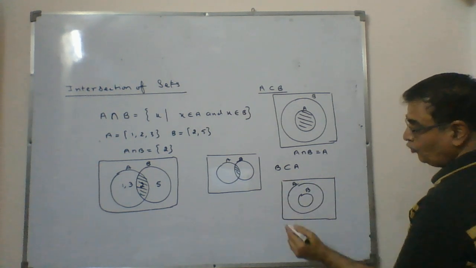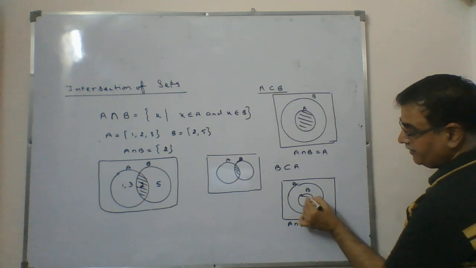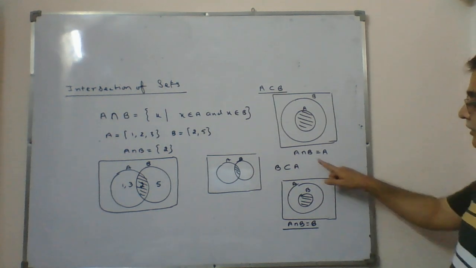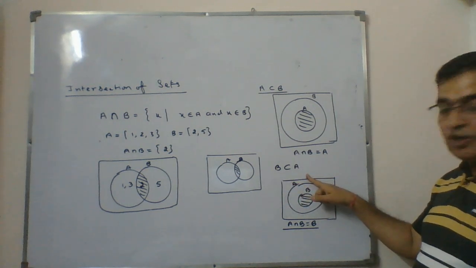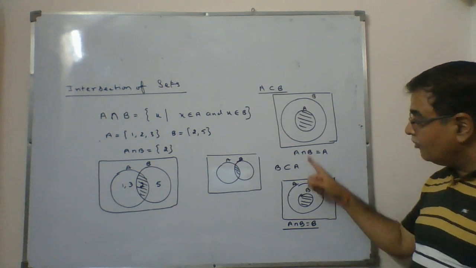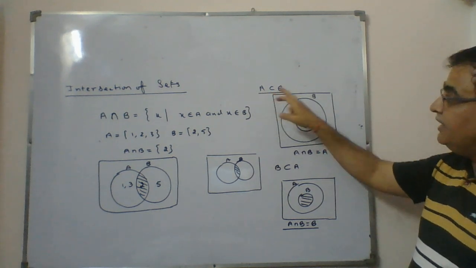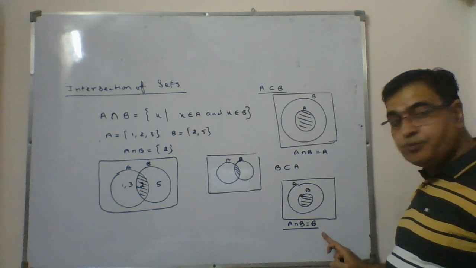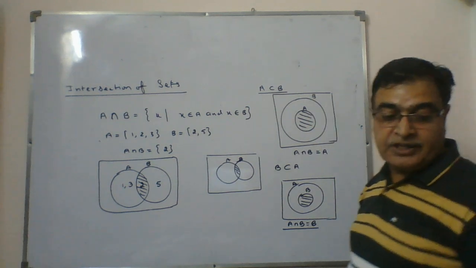And if I ask what is A intersection B, this time we have only B. So A intersection B is simply B, if B is a subset of A. Again keep in mind, in intersection the smaller set will be the answer. A is a subset of B, A is smaller, so in intersection A will come. In this, B is smaller, so intersection will come as B. So this way you will have the intersection of two sets.